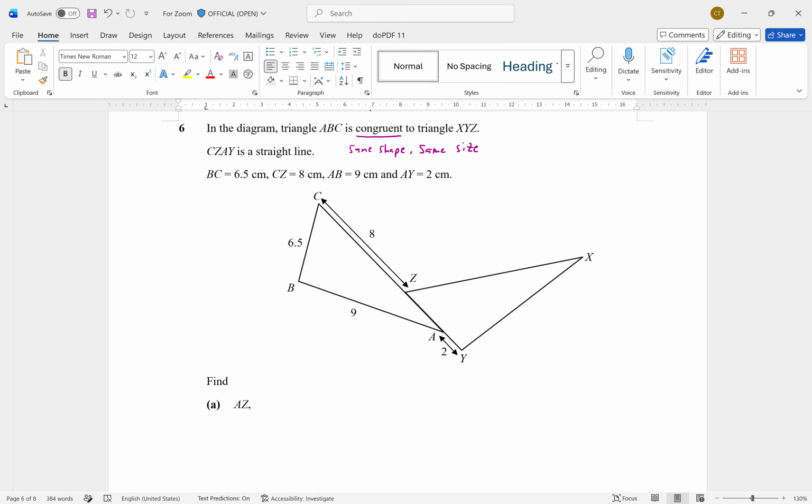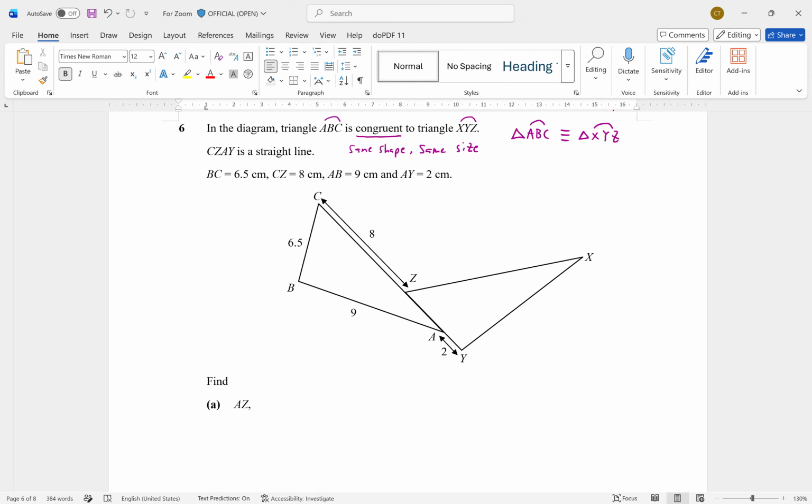If we try to find AC, AC corresponds to XZ, right? So always look at the congruency statement. Triangle ABC is congruent to triangle XYZ. So the side AC corresponds to XZ.